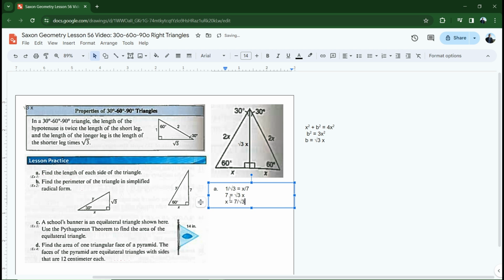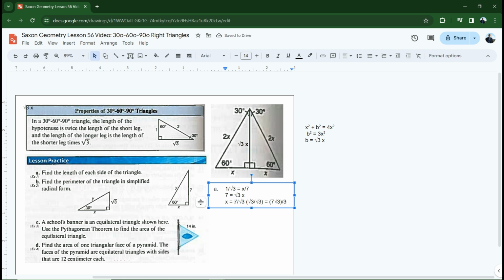Now, just like in the previous lesson where this came up, we can't leave a fraction with a square root in the bottom. So I need to multiply this fraction times the square root of 3 over the square root of 3. So I multiply the top times the square root of 3 and the bottom times the square root of 3. What I'm going to get is 7 square roots of 3 over, I'm going to put this in parentheses so we can see that it's together, 7 times the square root of 3 divided by, and then the square root of 3 times the square root of 3 is just 3 on the bottom.